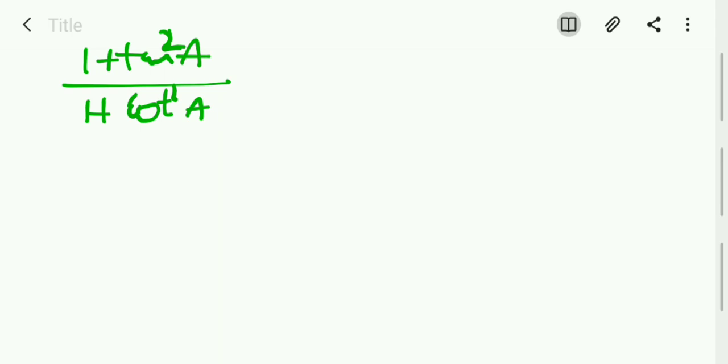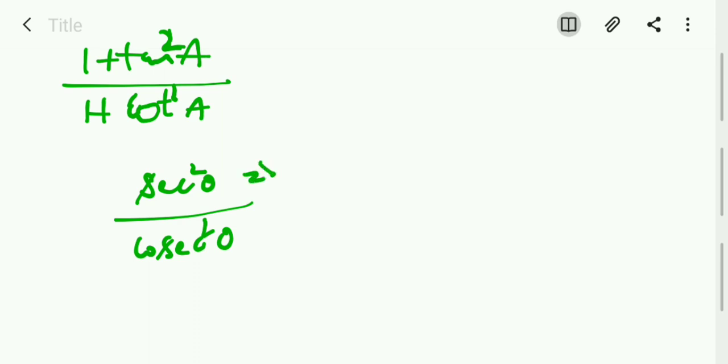Now what is the value of this? Now apply the rule, right? We need to just apply the identity. What is 1 plus tan square theta? Secant square theta. What is 1 plus cot square theta? It is cosecant square theta. Simple.